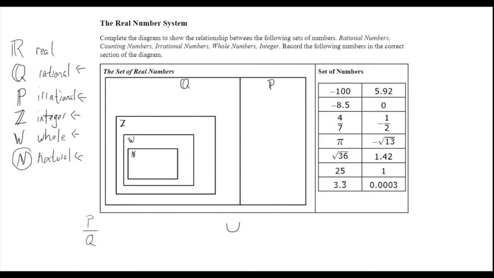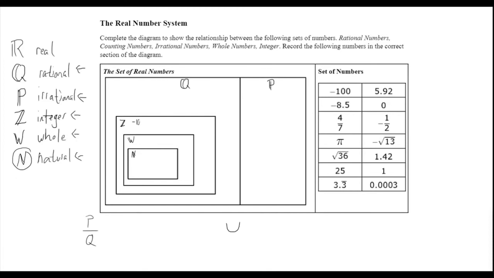Let's pick where each of these numbers on the right goes to practice. -100 is a whole number because it doesn't have a decimal, but it has this negative sign outside, and so it cannot go into whole numbers and is instead an integer.